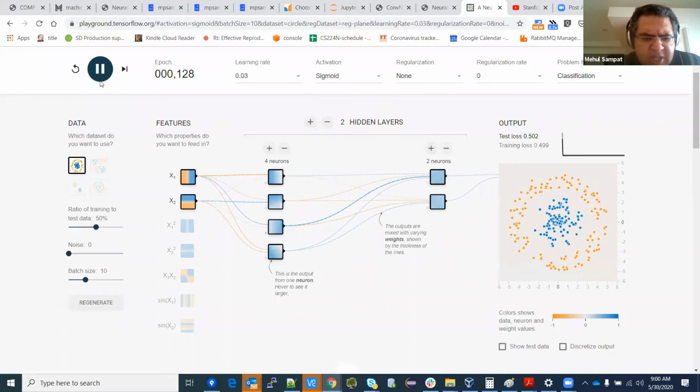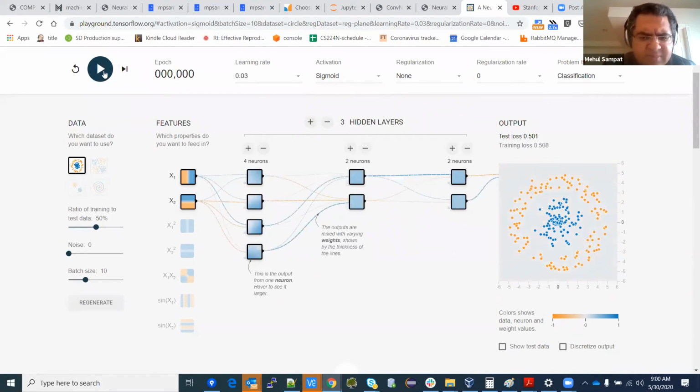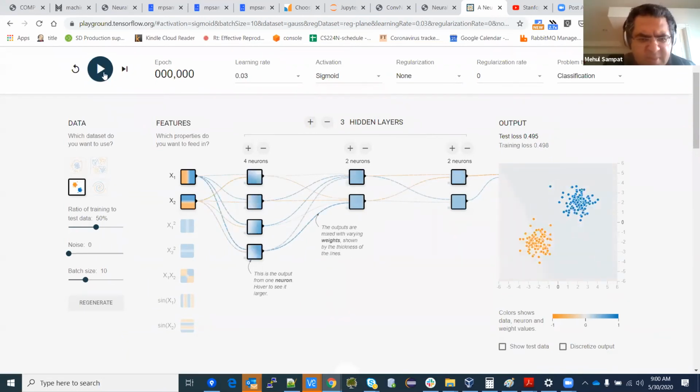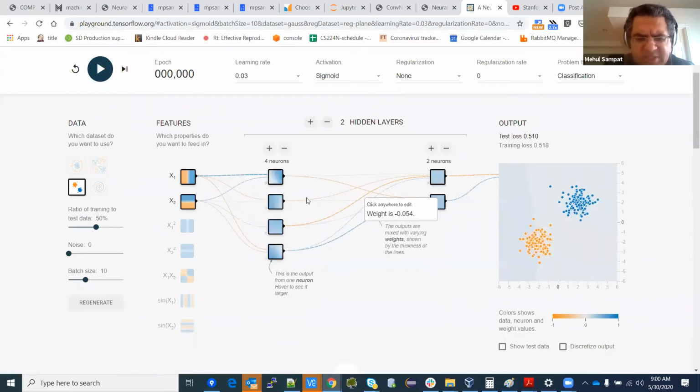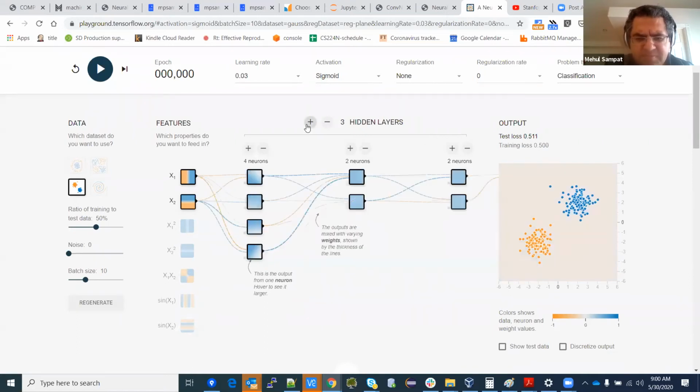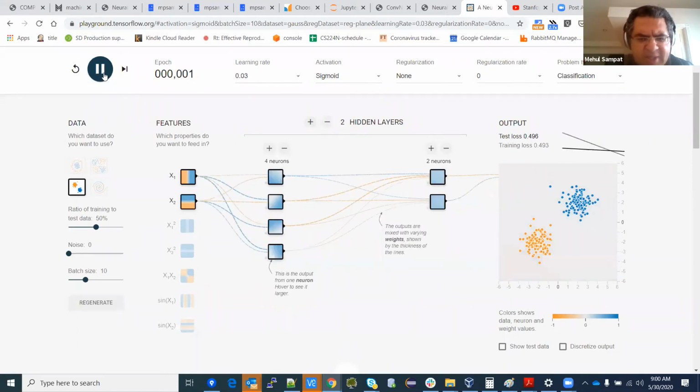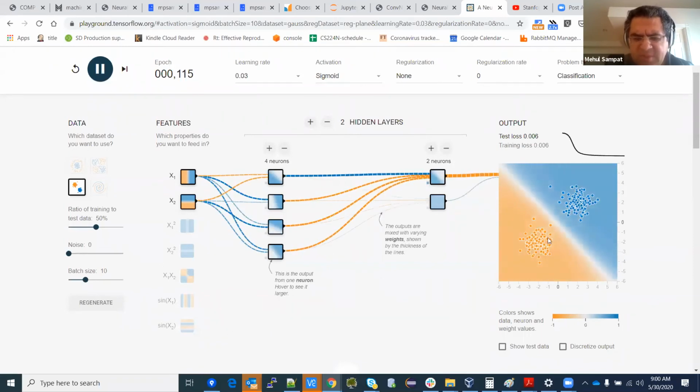You start with this input data, and with the Sigmoid and this data set, it's having a really hard time. My test loss and training loss are pretty bad. Okay, here it's able to quickly come to a decision boundary. This is a simpler case, so I can do it with just 2 hidden layers and come up with a decision boundary.